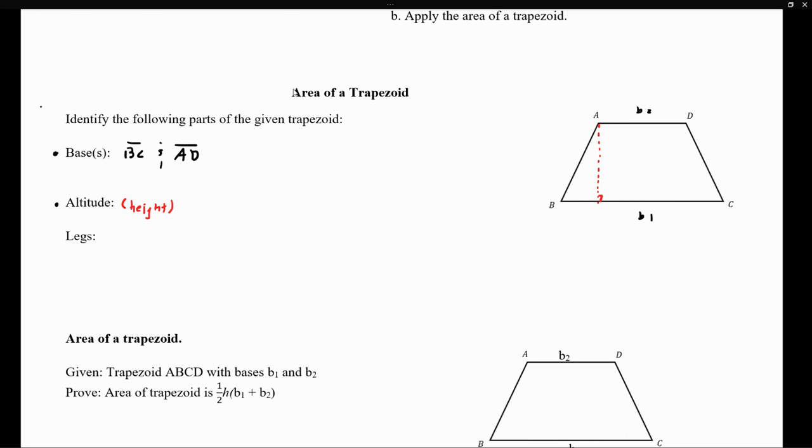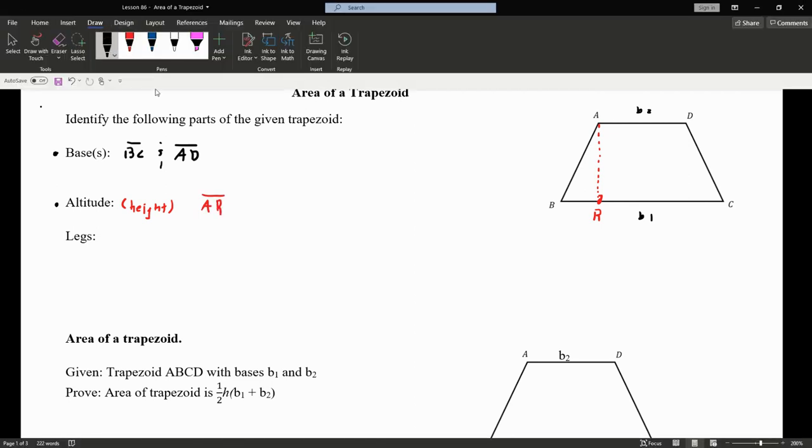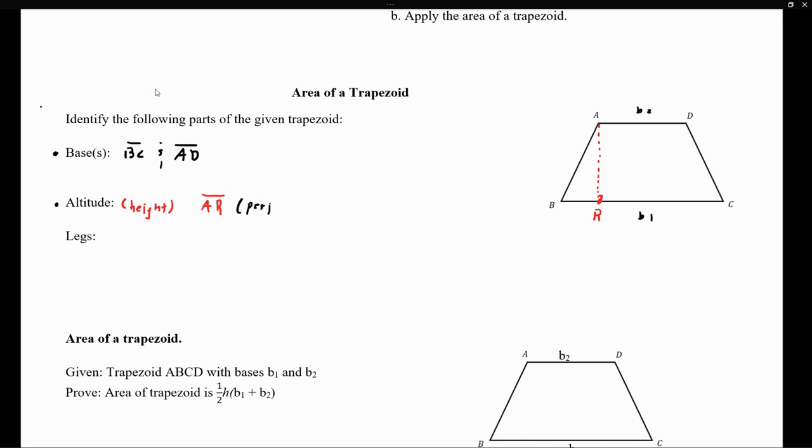In this case, let's call this point R. So we can say that the altitude of this trapezoid is the line segment AR. And very important, the altitude is always perpendicular to the base. Notice that here we have two bases, but we refer to the base B1, which can also be seen as perpendicular to B2.